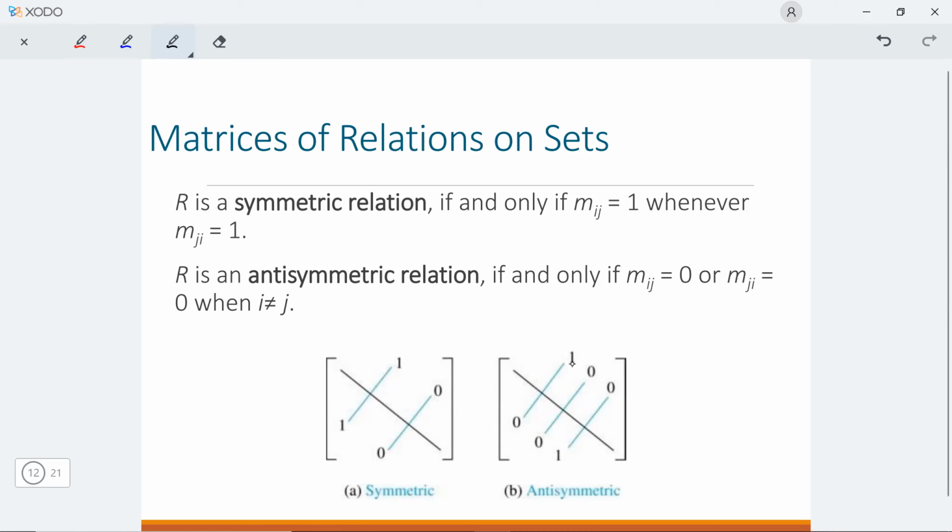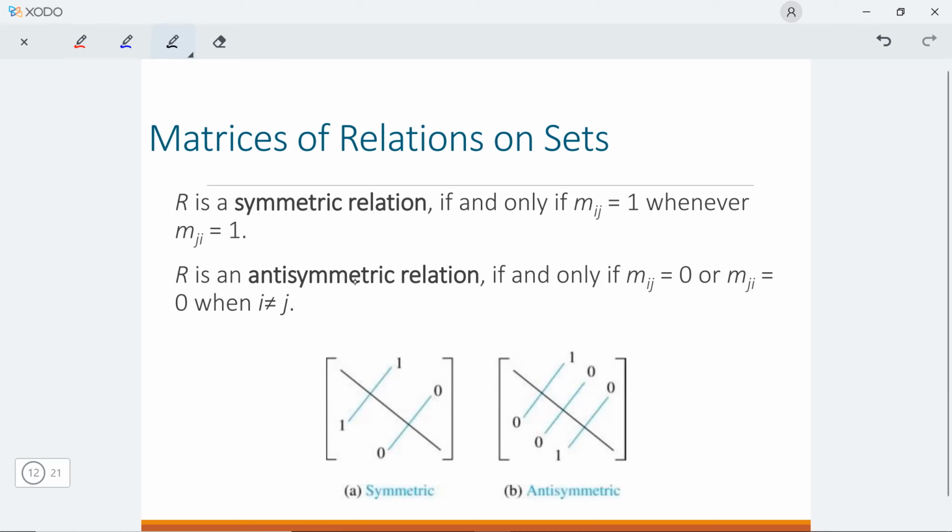Whenever we find a 1 in that position, the position opposite with respect to the diagonal should equal 0. However, if this position is equal to 0, then we don't care about the opposite position.